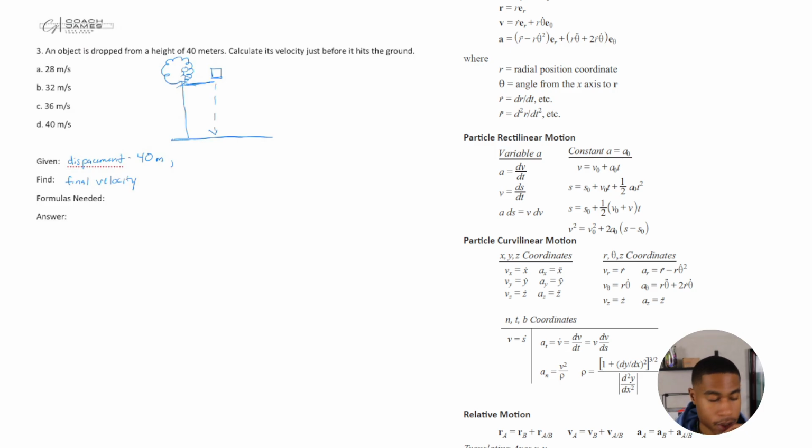So what information does this tell us? What's going to be acting on this object?